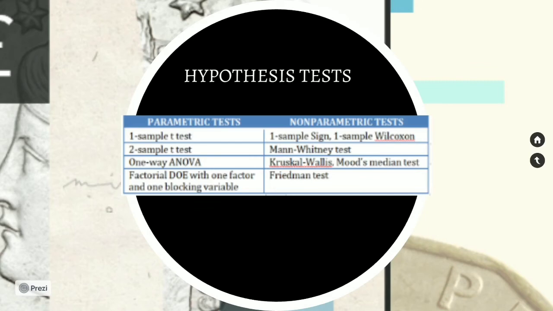One-way ANOVA for parametric, Kruskal-Wallis and Mood's median test for non-parametric. We have factorial DOE with one factor and one blocking variable for parametric and Friedman test for non-parametric.